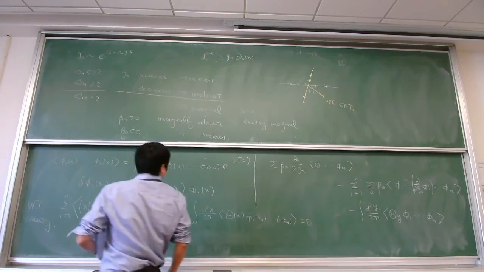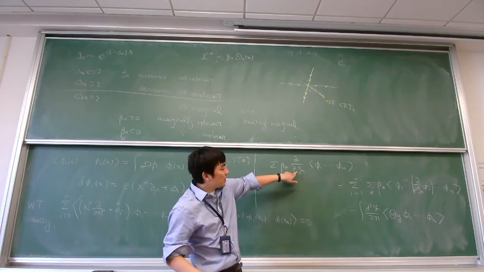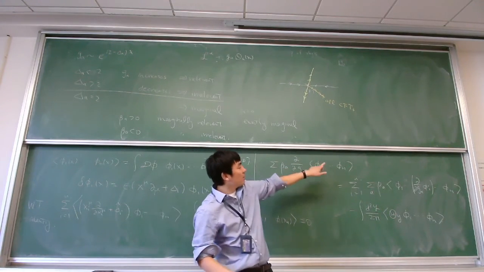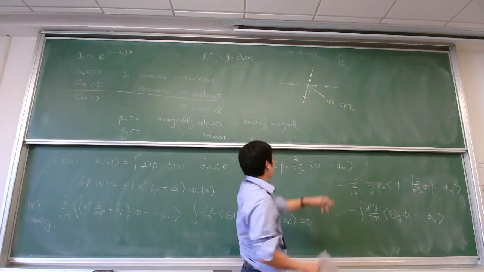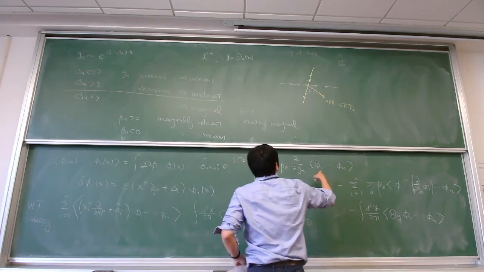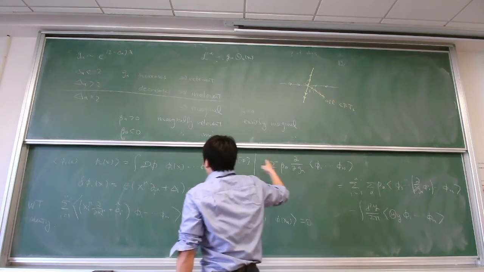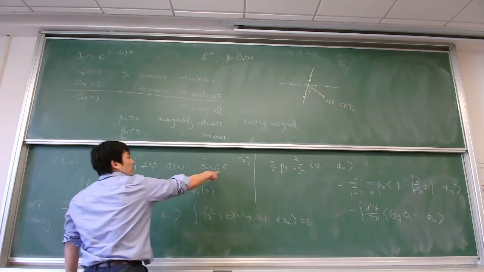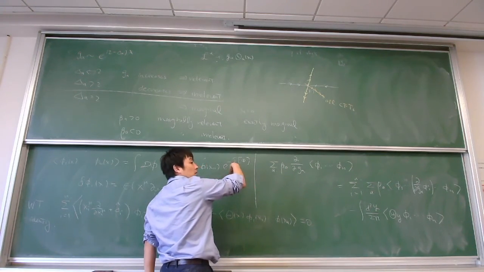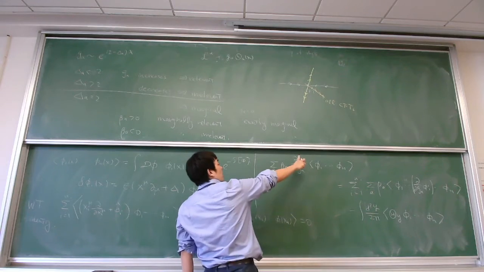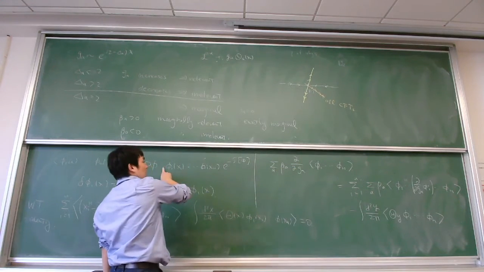So first of all, G A can act on the operator. The correlation function is defined by inserting this operator times the usual path integral, and G A can act on the operator.